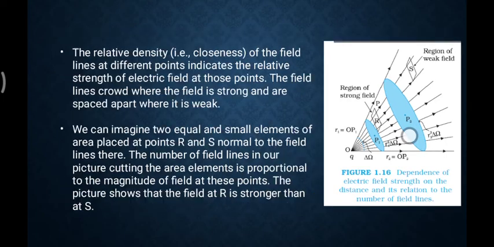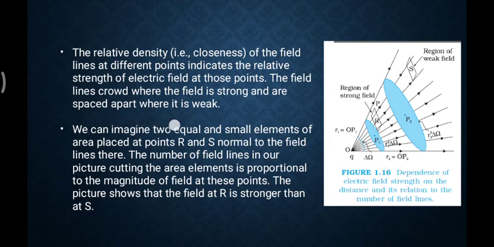Now the relative density of the field lines is different at different points. The field lines crowd where the field is strong. If it is a more crowded area of field lines, it means the field is strong.